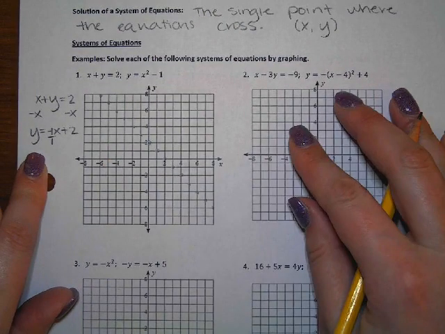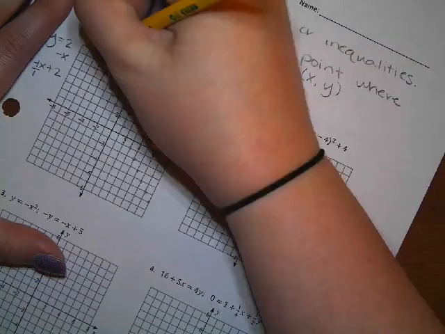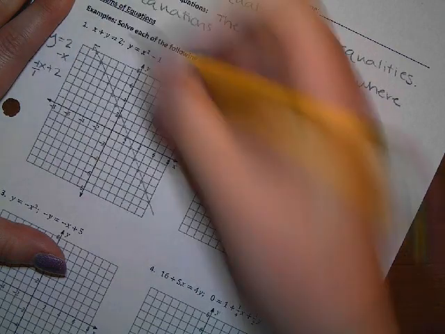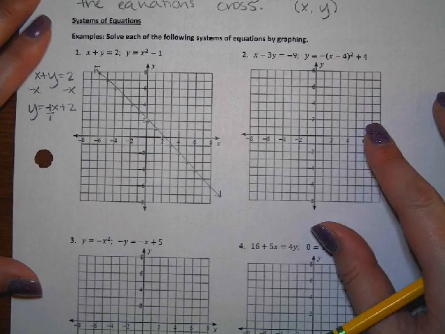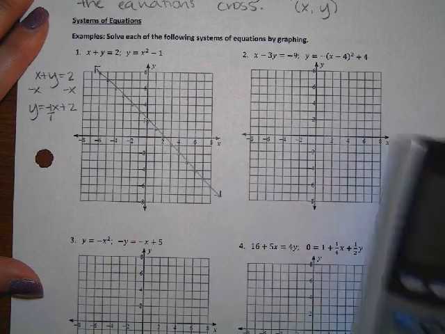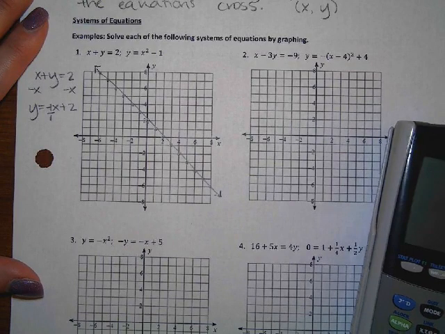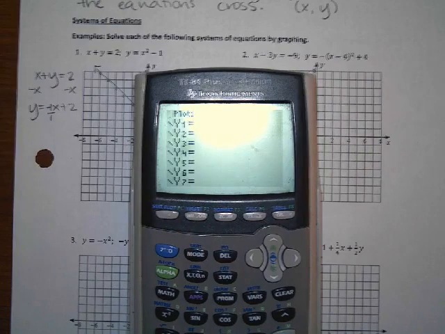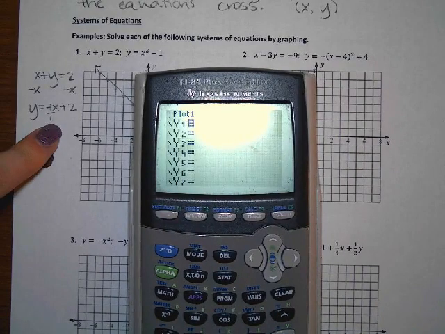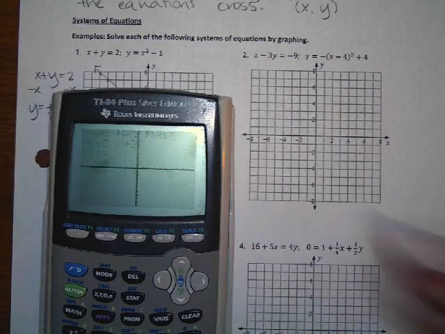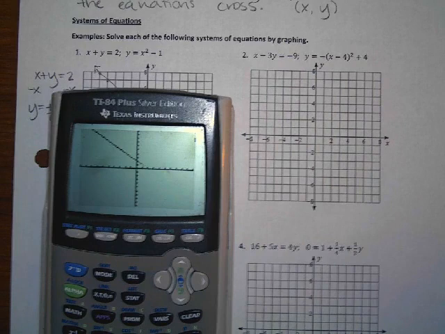Then I can connect those dots, and make sure you put arrows on each end. So negative x plus 2. We good with that?